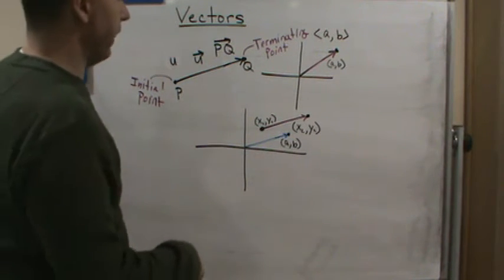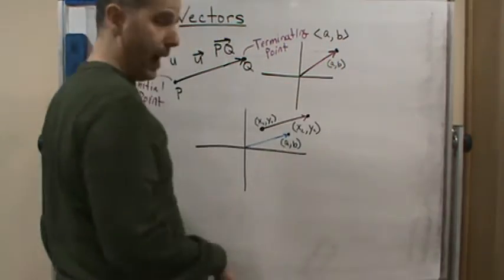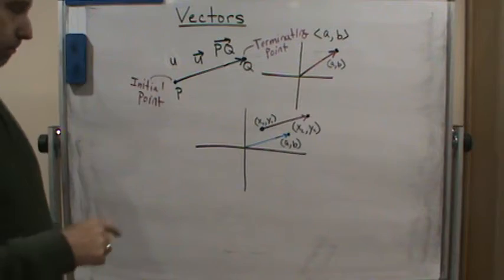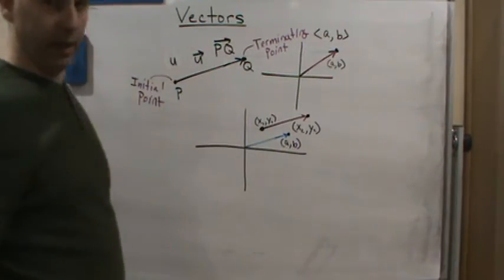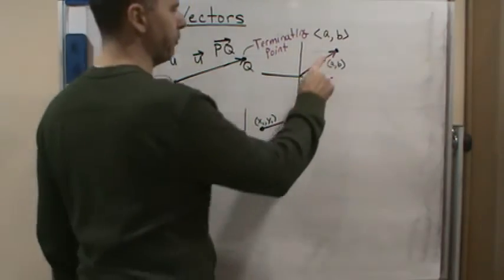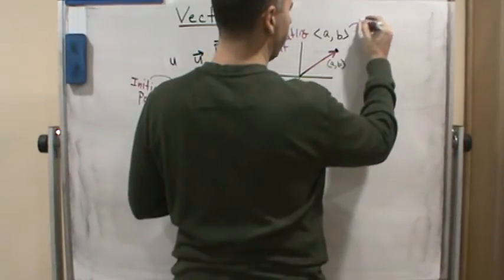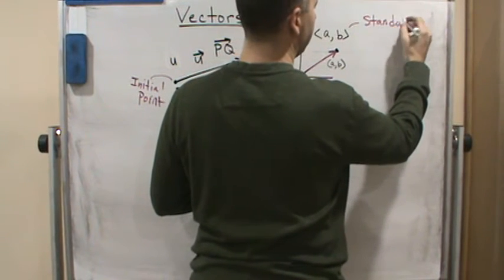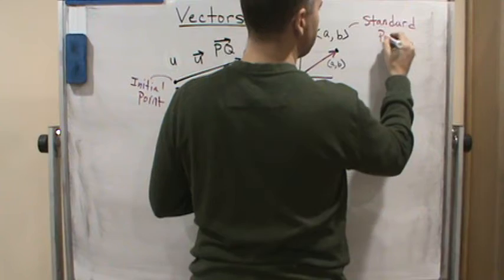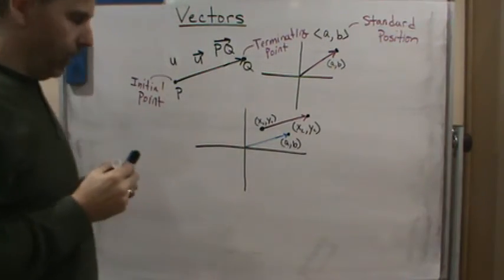Another way to denote a vector is to use these triangle brackets. These brackets here also denote a vector. Now this is a special type of notation that is used to denote what we call the standard position of a vector, or the position vector.